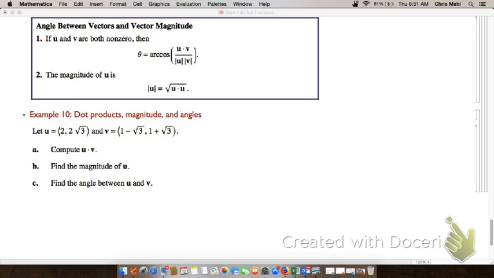So if you look at the formula, remember the formula for the dot product is originally u dot v equals magnitude u, magnitude v, cosine theta. You can solve for cosine theta. That's going to be u dot v over magnitude u, magnitude v, and then you take cosine inverse on both sides, you get this formula.